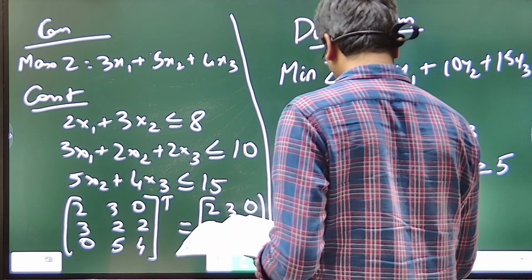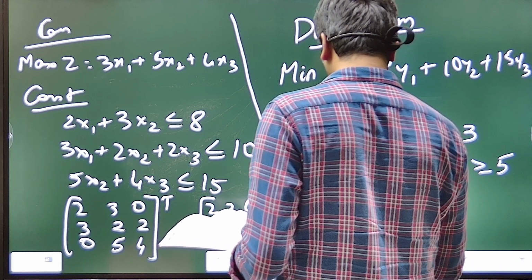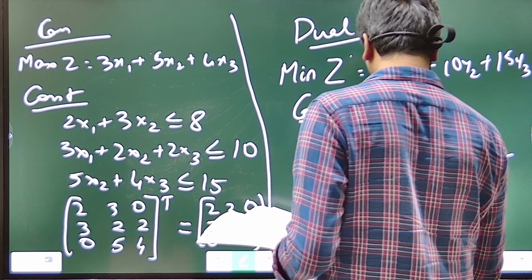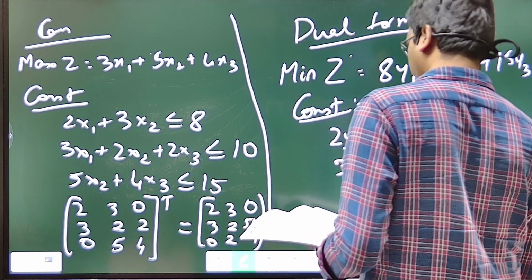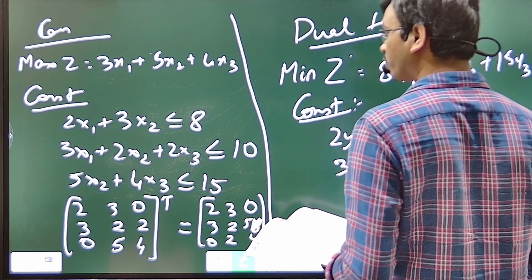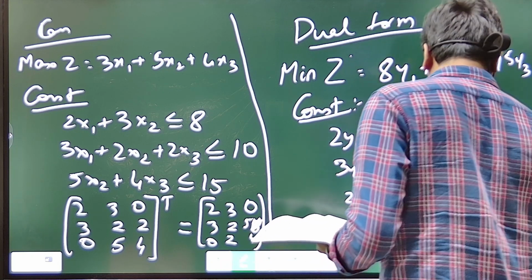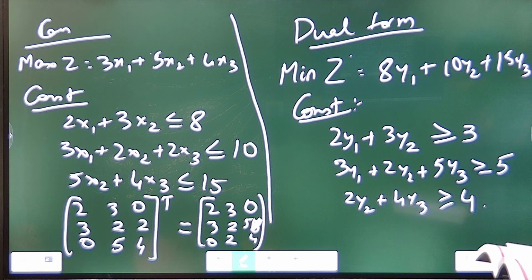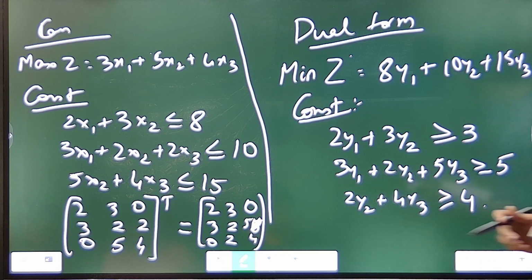Next 2y2 plus 4y3 greater than or equal to 4. Understood? No doubt, right? If you want, you can copy. I will have to erase this part.